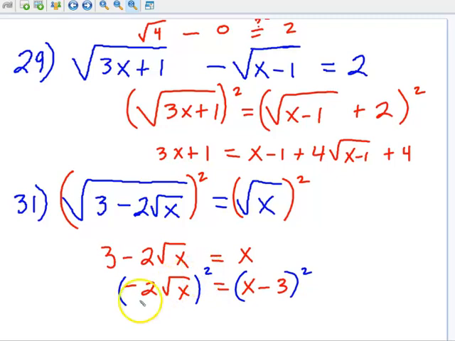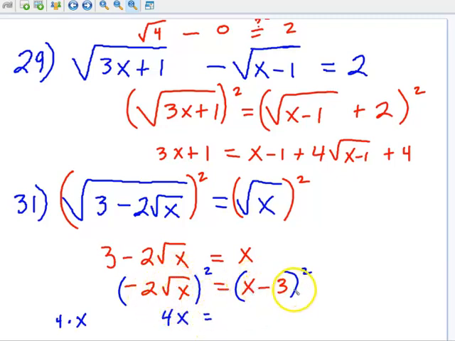So again, square the whole number, or the integer. Negative 2 squared is 4. Square the radical, that would be x, and then you just multiply those two results together. So there's the result of squaring the left side.